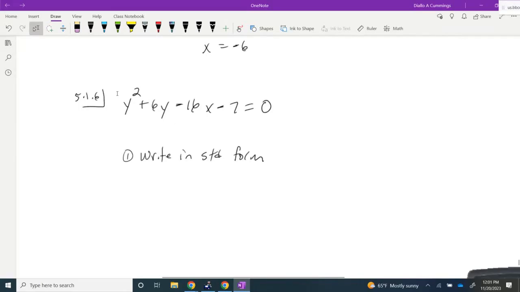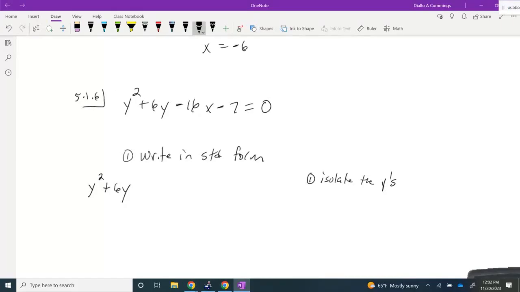So this is what I'm going to do. I'm going to isolate the y's. So y squared plus 6y, I'm going to let that stay on the side of the equation by itself, because that's the form that we need in order to complete the square. And I want to move everything else to the other side.